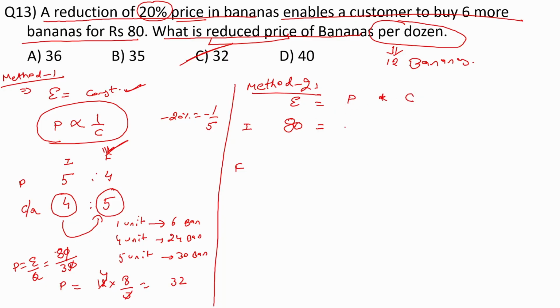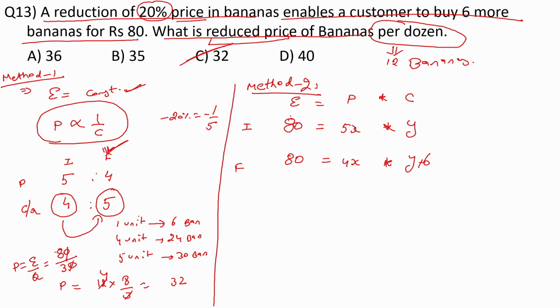The initial price would be 5x and the final price would be 4x, with the same expenditure in both cases. Initially a family is buying Y bananas. After the reduction in cost, the family would get 6 more bananas than initially.